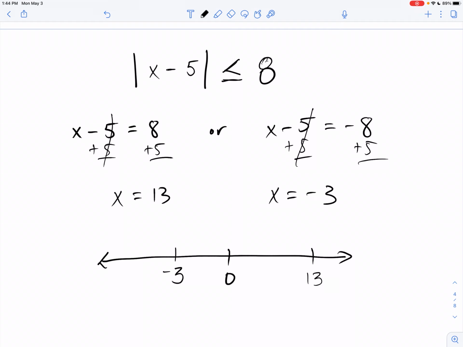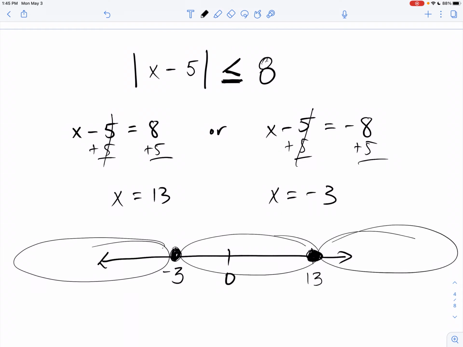This says less than or equal to. So this is that open circle, closed circle thing they told you in Algebra 1. I'm going to color that guy in. Why? Because it has the potential to be equal to it. I'm going to color that guy in. And what you'll notice here is I've broken my number line into 1, 2, 3 regions.